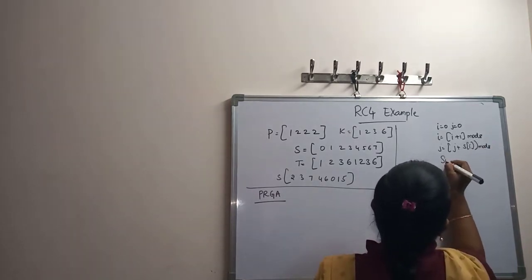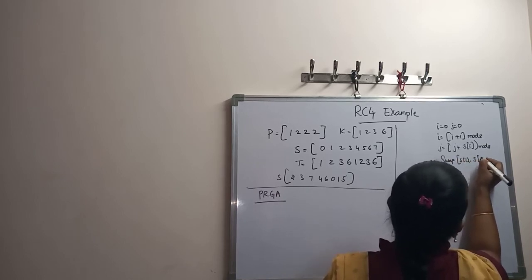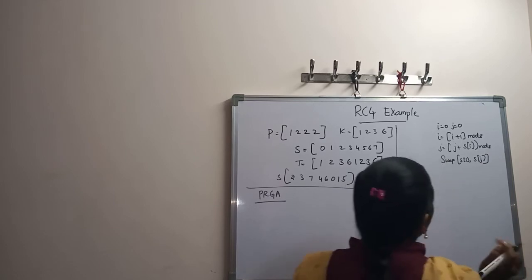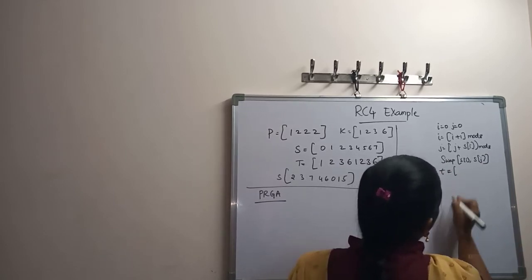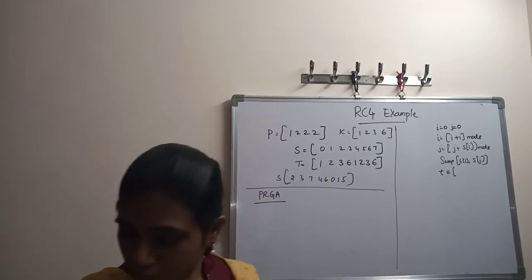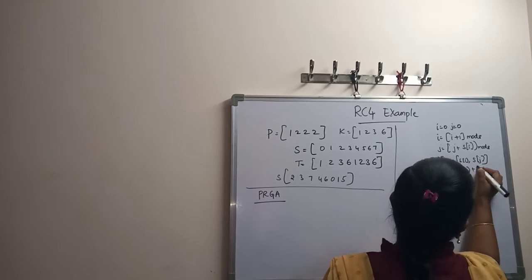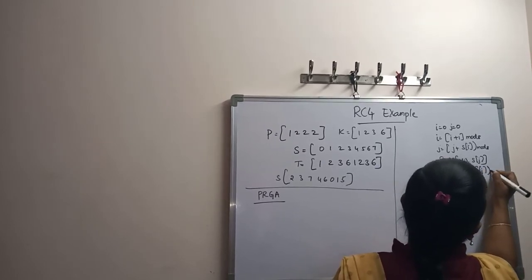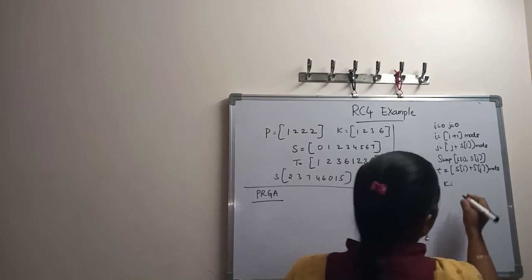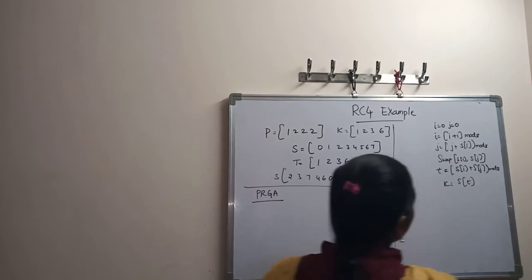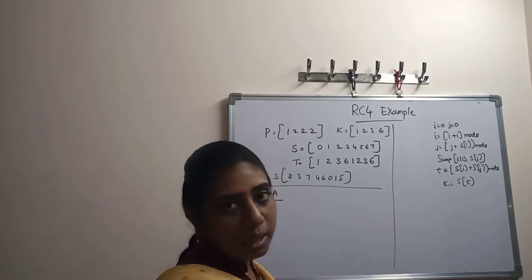Then we swap the values s of i comma s of j. Then we get the temporary value t, which is s of i plus s of j mod 8. That will be your key value. Now k is equal to s of t. Like this we are going to perform it till the 8 bits.